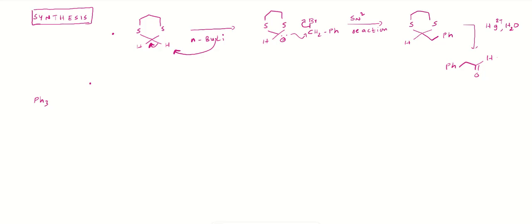Now triphenylphosphine, Ph3P, reacts with methyl bromide by an SN2 reaction, and then we'll have Ph3P plus CH3. Now this hydrogen is abstracted by treating with n-butyl lithium again.